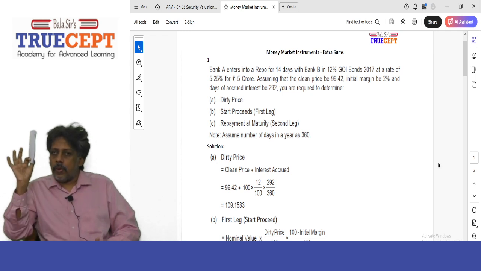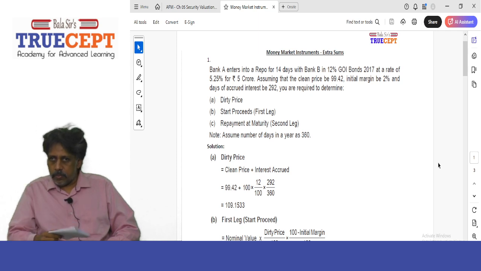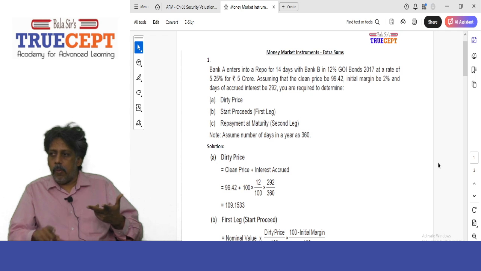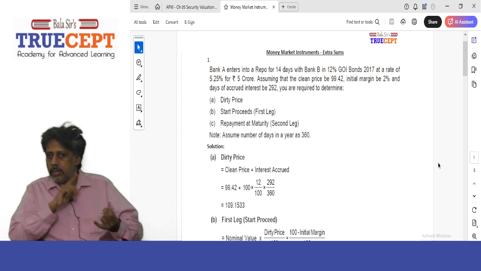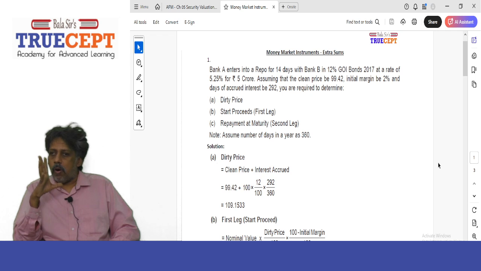The face value given is rupees 5 crore worth of bonds. Face value per bond is not given, so assume 100. Rupees 5 crore by 100 means there are 5 lakh bonds. Banker A is ready to sell 5 lakh bonds.